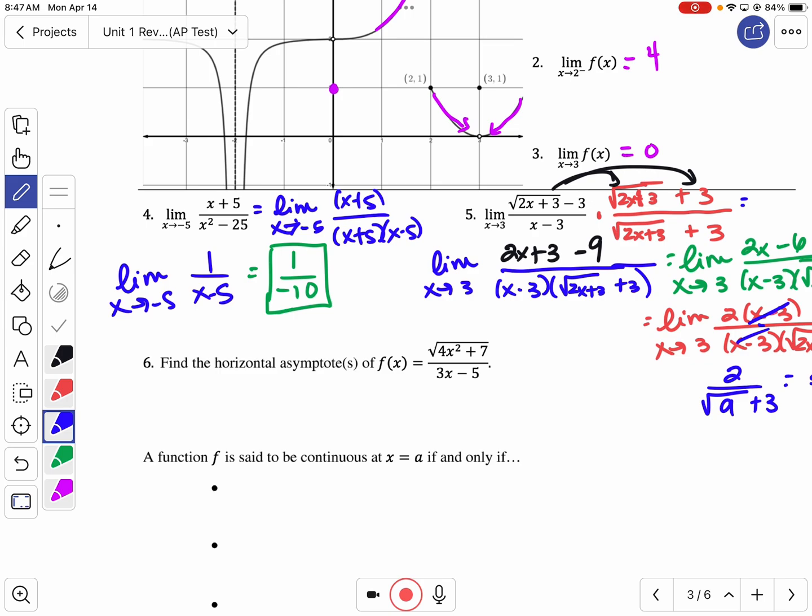Okay, so when we're doing a horizontal asymptote, we have to think about the limit as x approaches positive and negative infinity. So we're basically going to do two limits, right? It's always the limit as x approaches positive and negative infinity of the end behavior model.